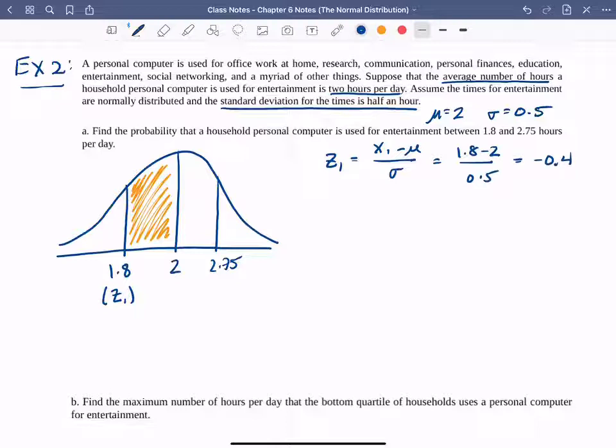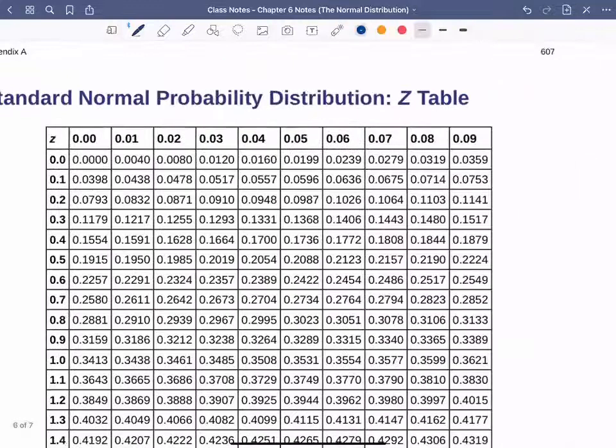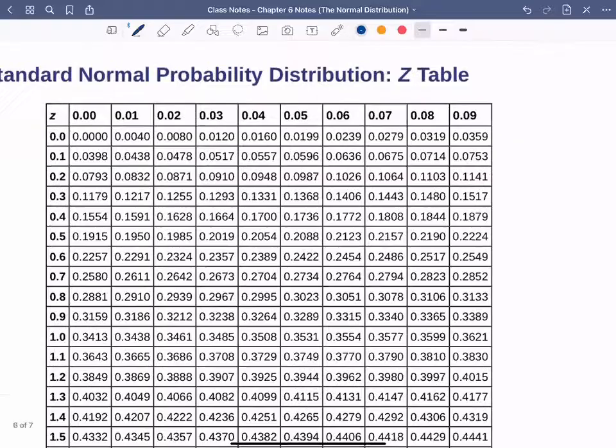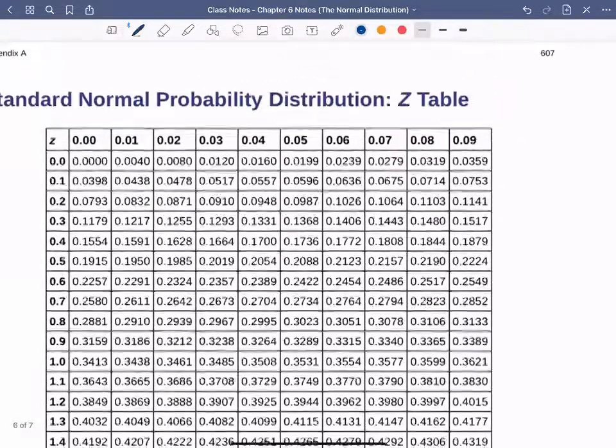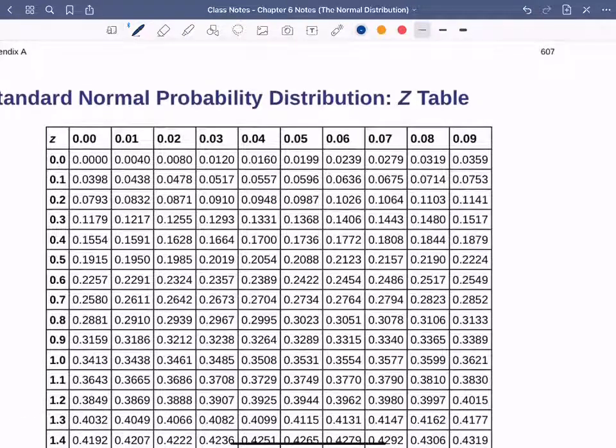Okay, so what percentage does this give us? Let's go back to our table. I don't see any negatives here. What do you do? You treat it like it's positive, because this table gives the probability between the middle and your x value. So we're going to treat all of your z values as positives.